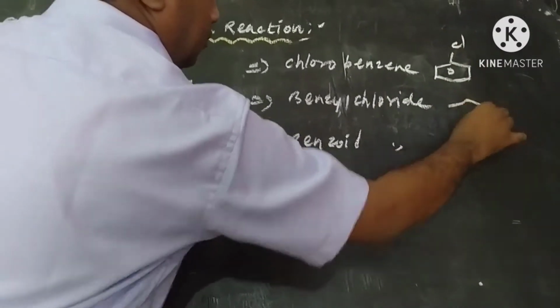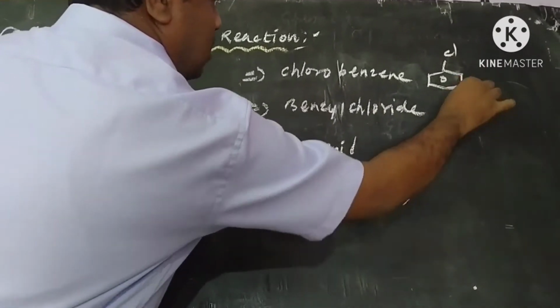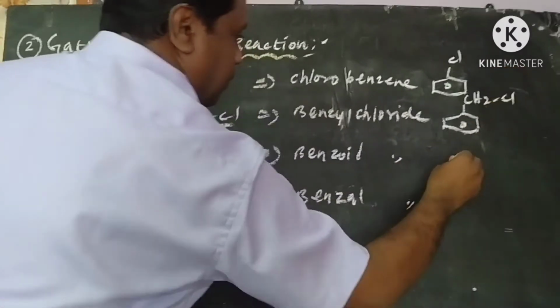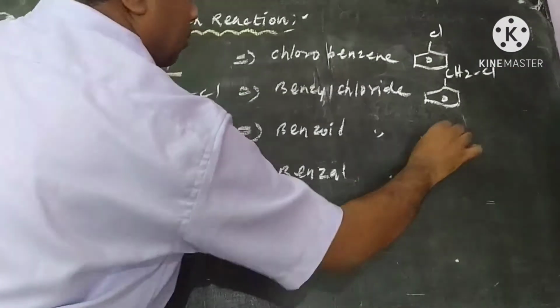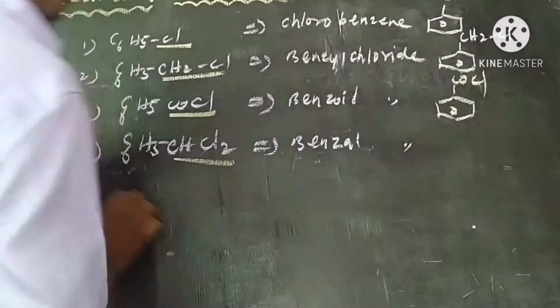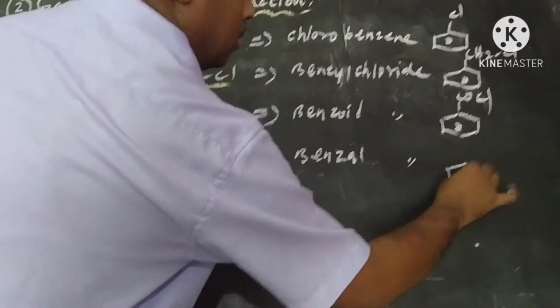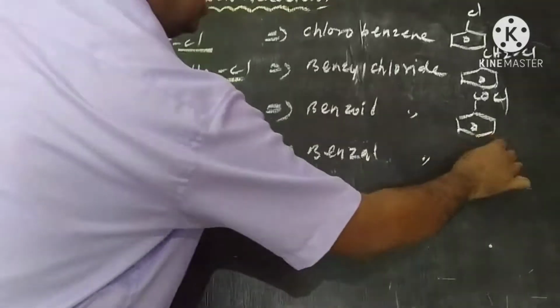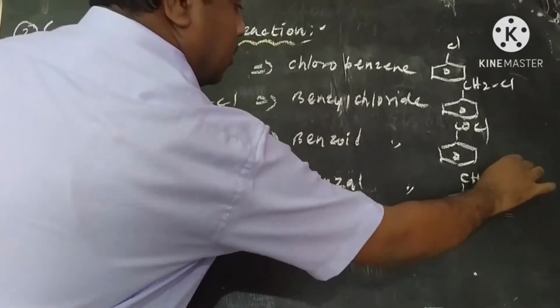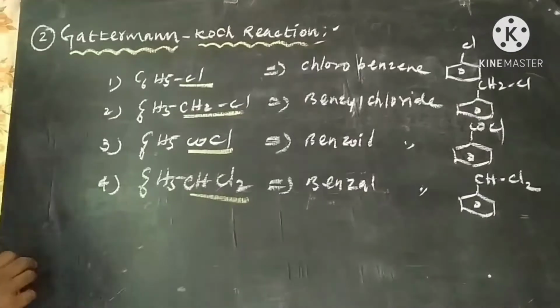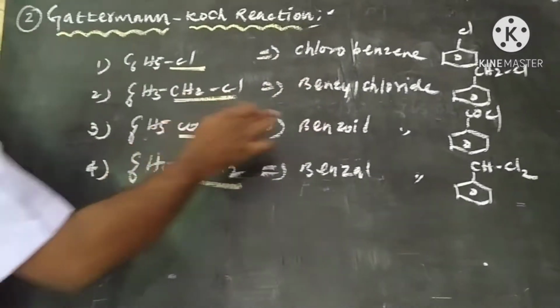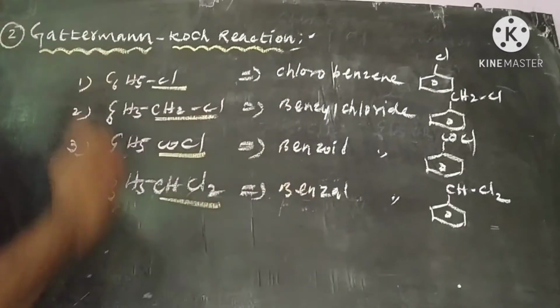The structures: the first one Cl, next CH2Cl, COCl, and the last one CHCl2. First chlorobenzene, benzyl chloride, benzoyl chloride, benzal chloride.